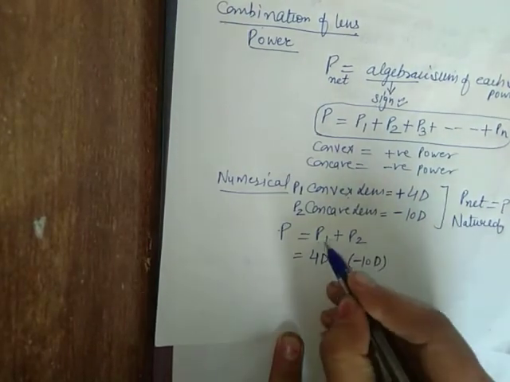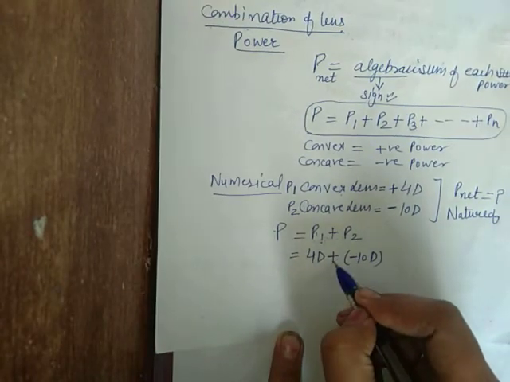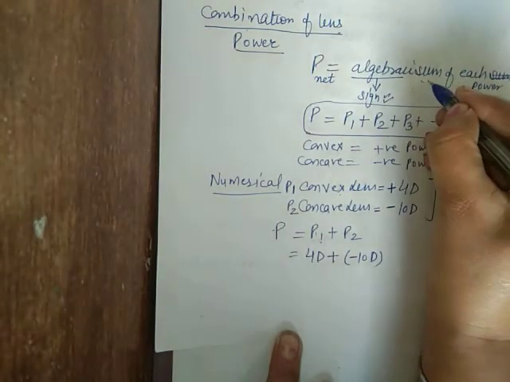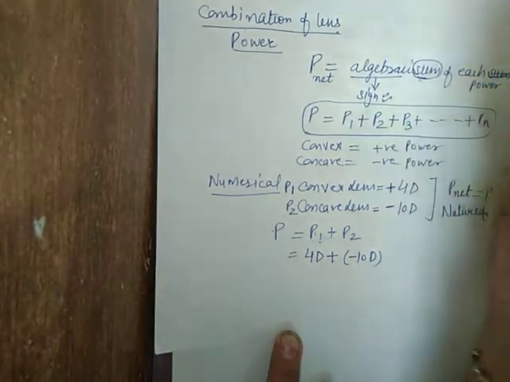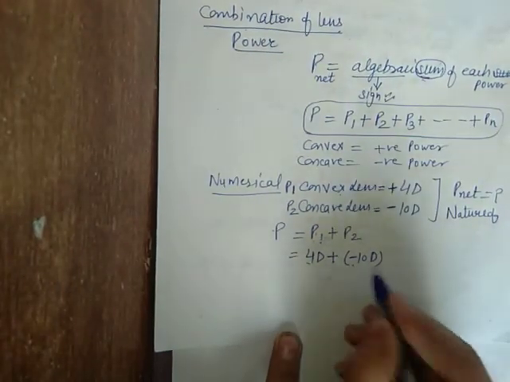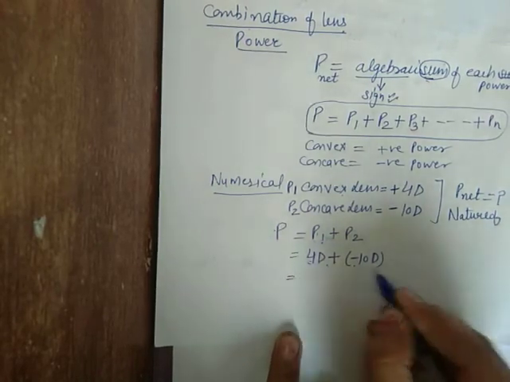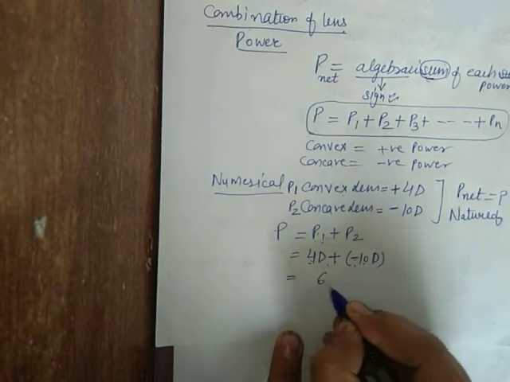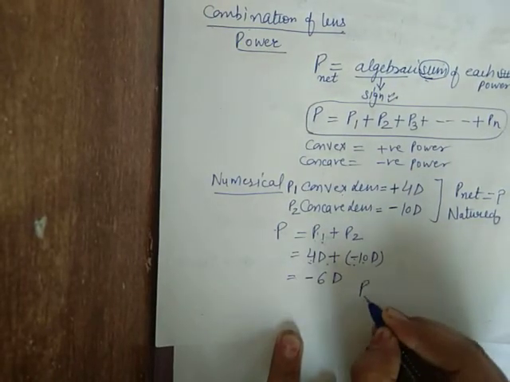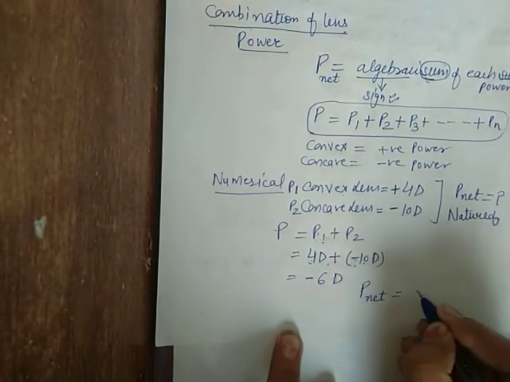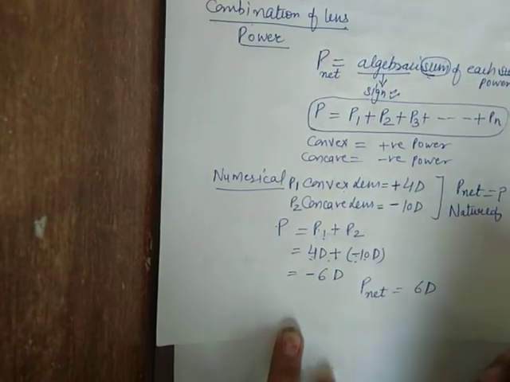This is the point that we have to add. Add means we have to sum, but keeping sign into consideration whether it is positive or negative. Now 4 diopter minus 10 diopter, it will be minus 6 diopter. So what is the resultant power, net power? That is equal to minus 6 diopter.